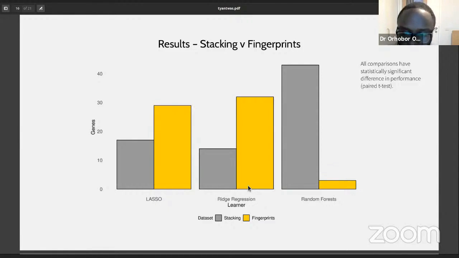So if you recall, fingerprints outperformed the relational data set by itself for random forest initially, but stacking the results seems to do a lot better. So it outperforms simple fingerprints by itself on more than 40 of the 46 odd genes we considered.